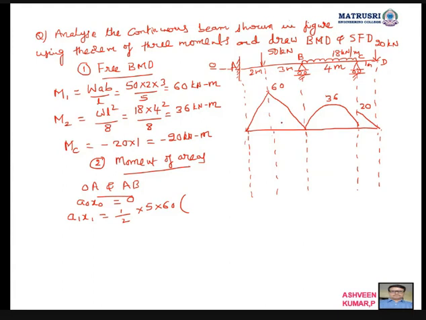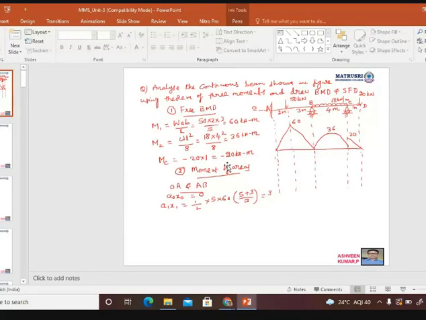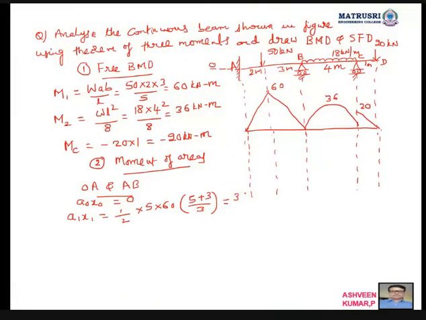Right side means I told L plus B by 3. What is L here? 5. B is 3. L plus B by 3. So that we will get it as 400, we take it as 350.